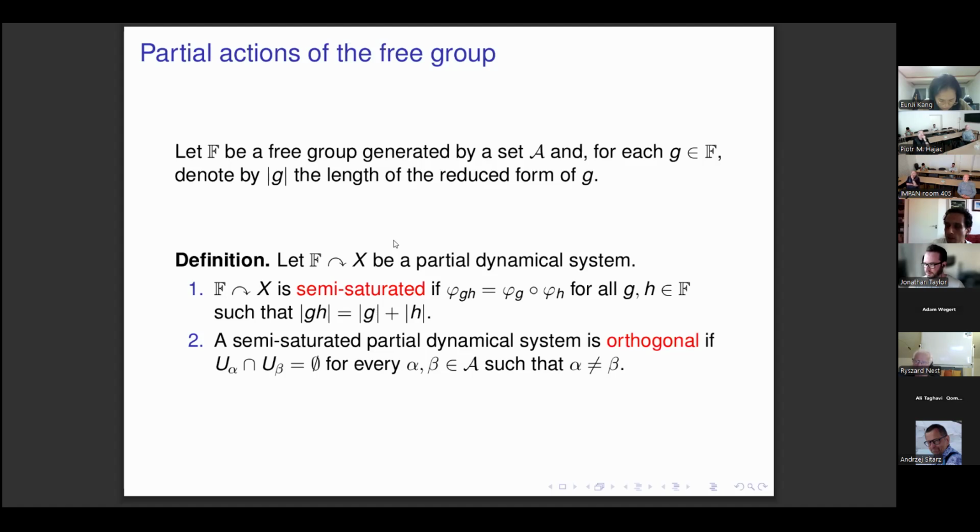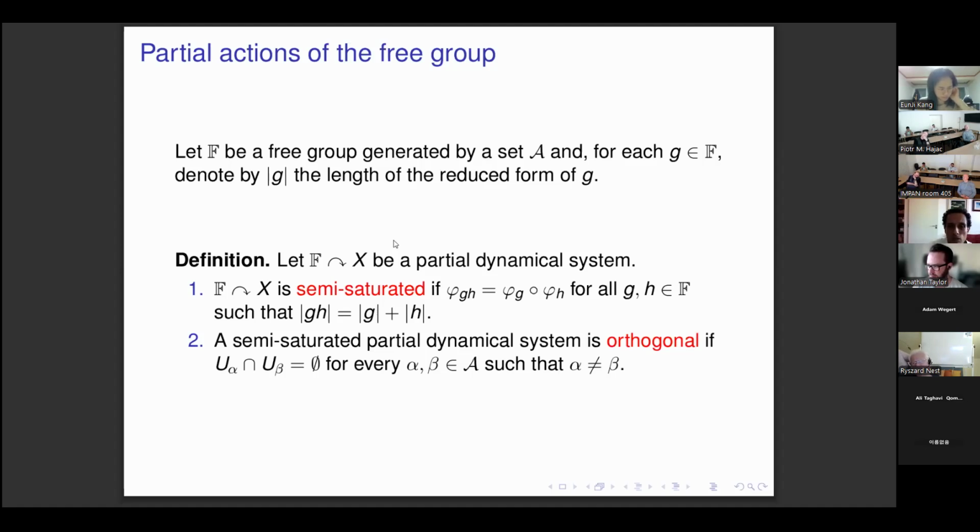Yeah, but in this case, if you have two edges arriving at the same vertex, it's not going to be orthogonal. Yeah, that's right. Okay. Accepted.